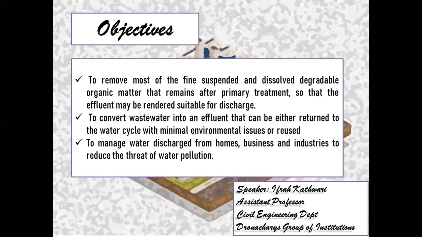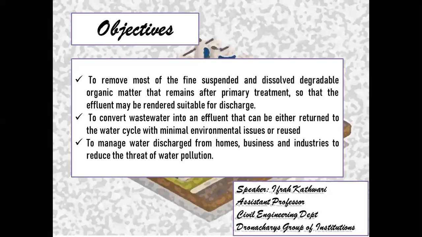So what do we do in wastewater treatment? This is the major objective that we're talking about. It converts this wastewater into usable water. It can be either reused, returned back to the water cycle, or disposed of to the water source.